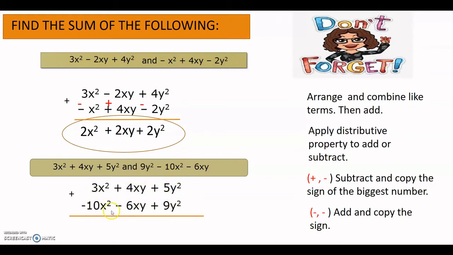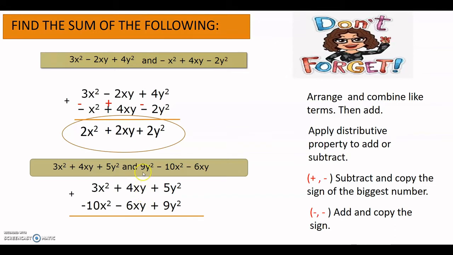Since 10x squared has the same variables and exponent as 3x squared, we will put it underneath. So here negative 10x squared. Don't forget the sign before the coefficient because it is included in the term. Next, negative 6xy. Since this is negative, we will rewrite it here, negative 6xy under the same term.